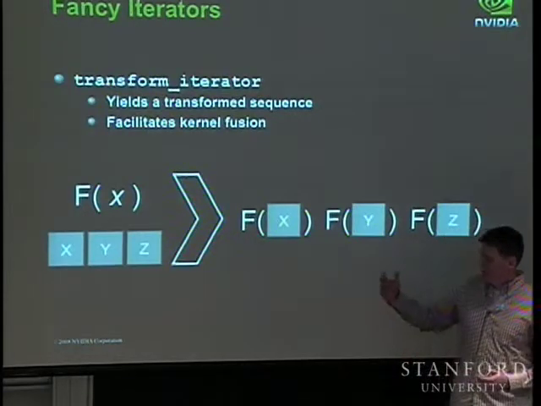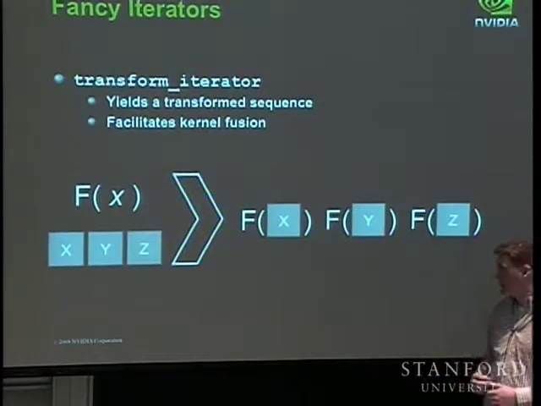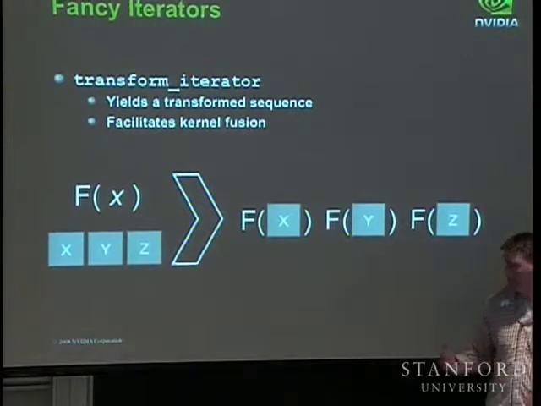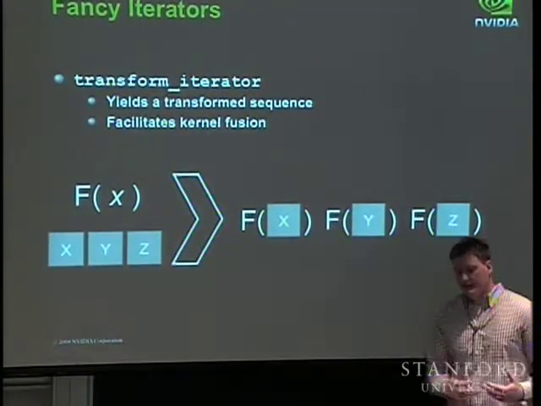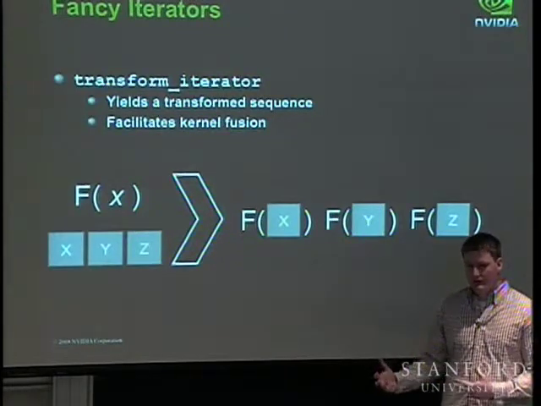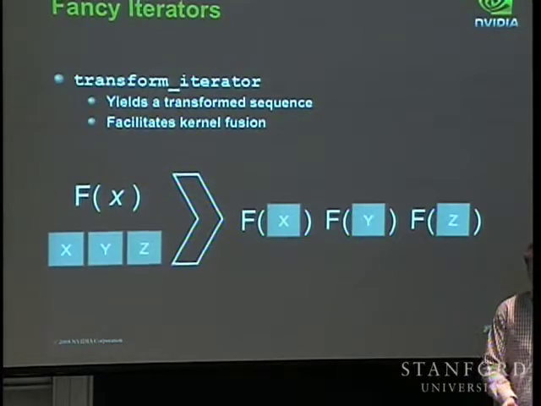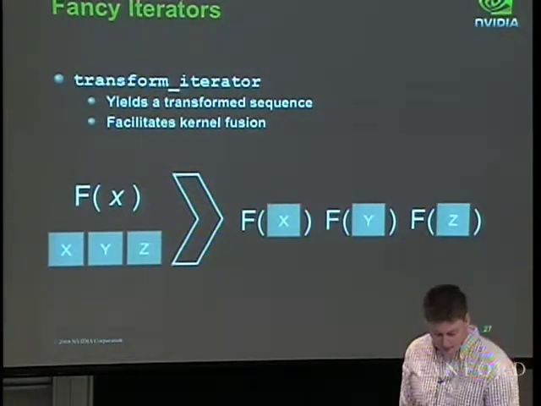A good example is a reduction. You don't always want to reduce x, y, and z. Sometimes you want to reduce the absolute value of x, y, and z, or the square of x, y, and z. And it would be very wasteful to, in one operation, compute those values and store them in memory and then read them back. It's much more efficient to apply the transformation as you read them from memory in one step.